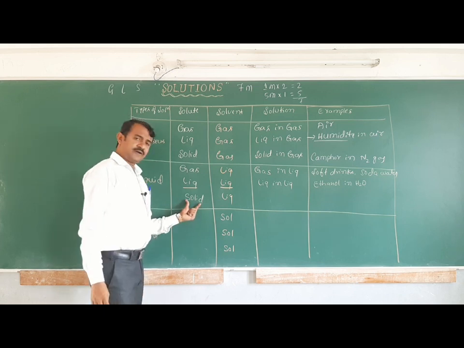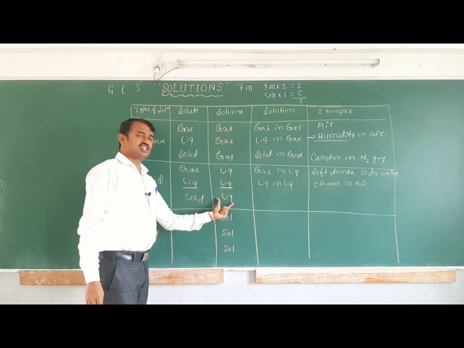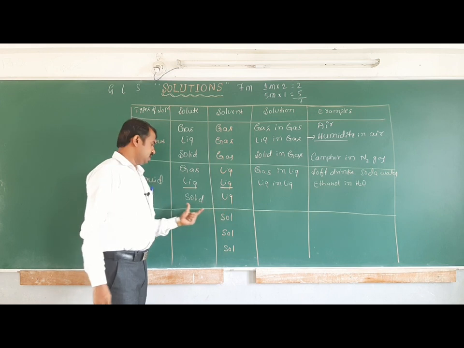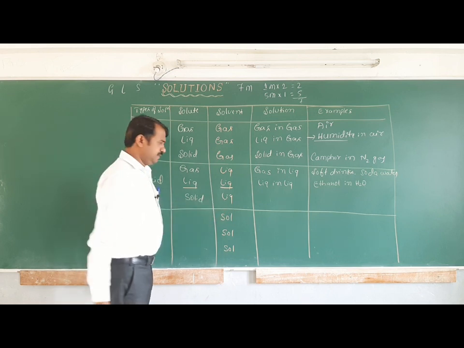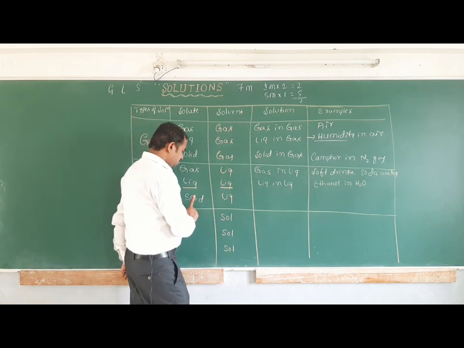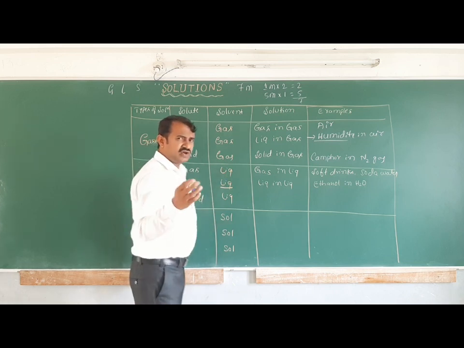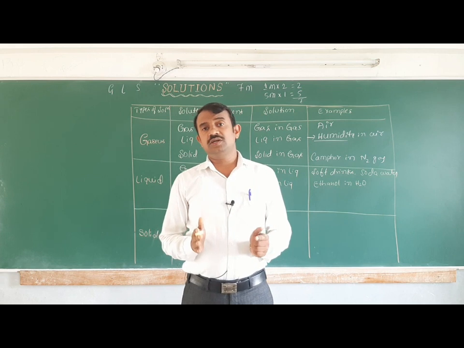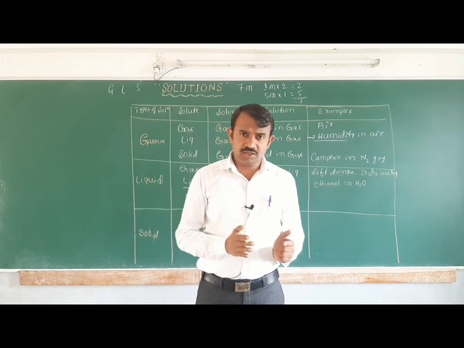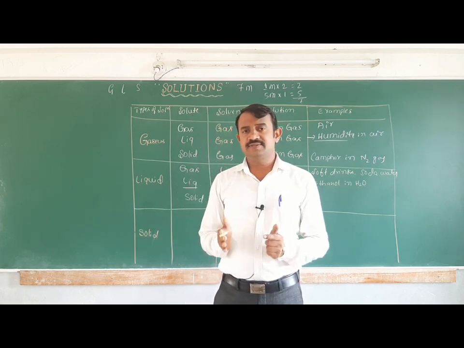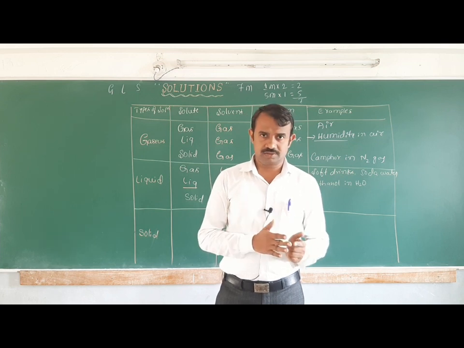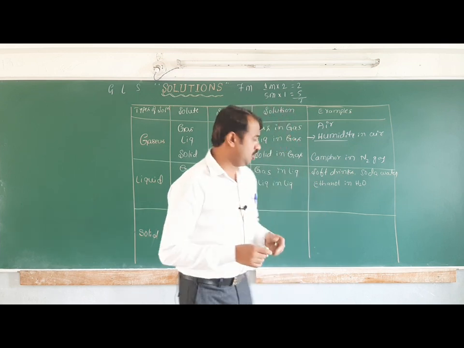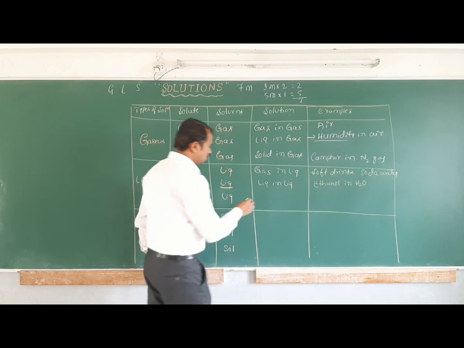Next we will go for solid dissolved in liquid. Solid dissolved in liquid means we can observe the sugar solution, which we already discussed. Sugar is a solid, water is a liquid. The sugar is freely soluble in water, and that is called a sugar solution.